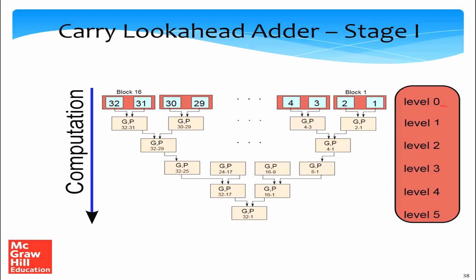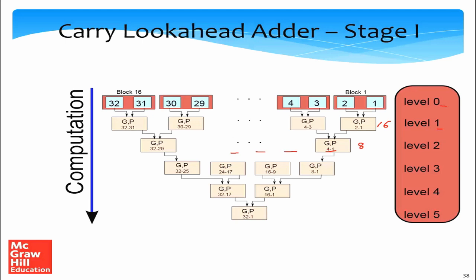So this is level 0, this is level 1. In the next level, we compute the GNP functions for a 4-bit system, for 4 bit pairs from 1 to 4. Similarly, another groups of 4 and so on. So at this point we have 16 blocks. At this point we have 8 blocks.